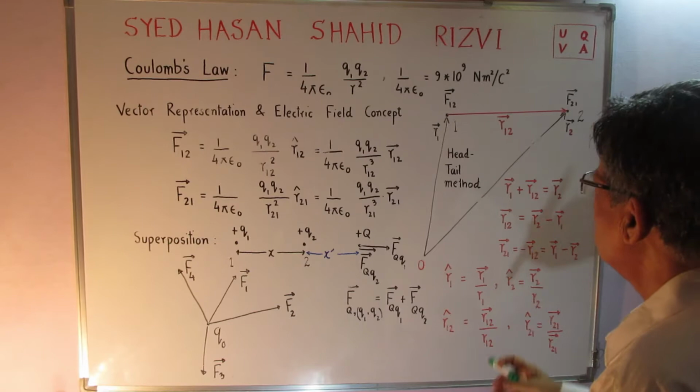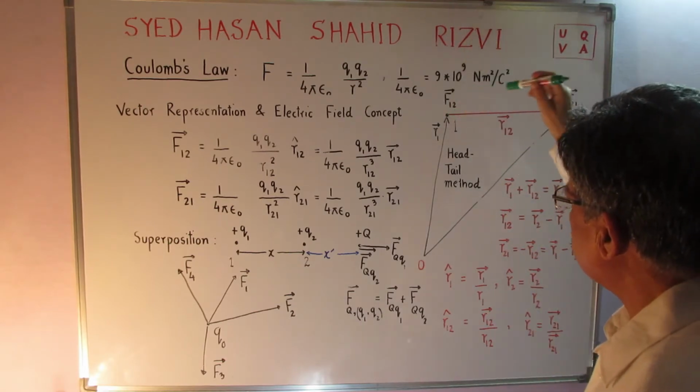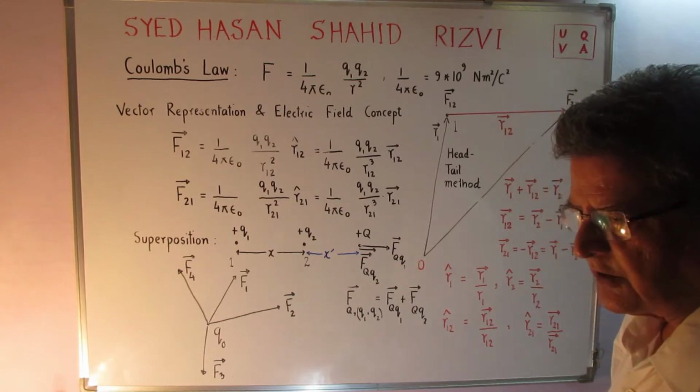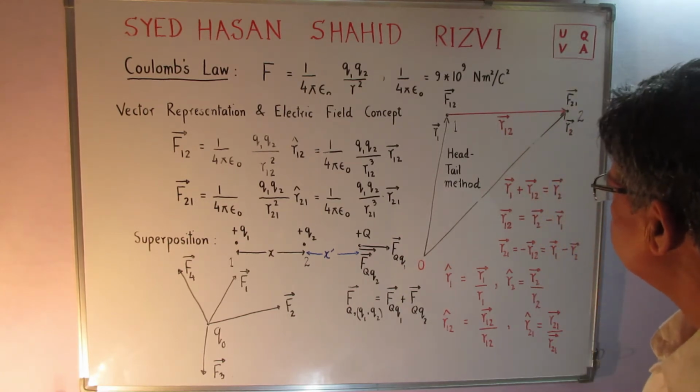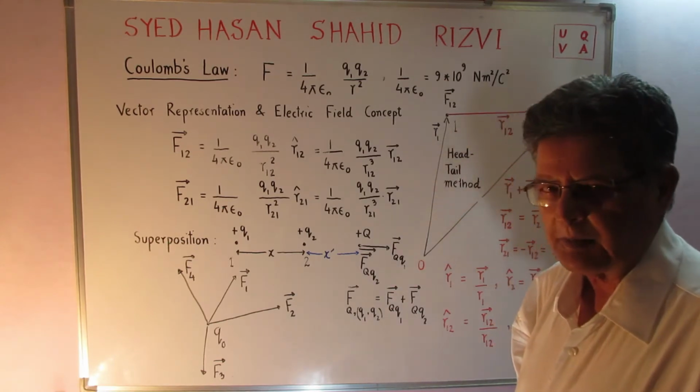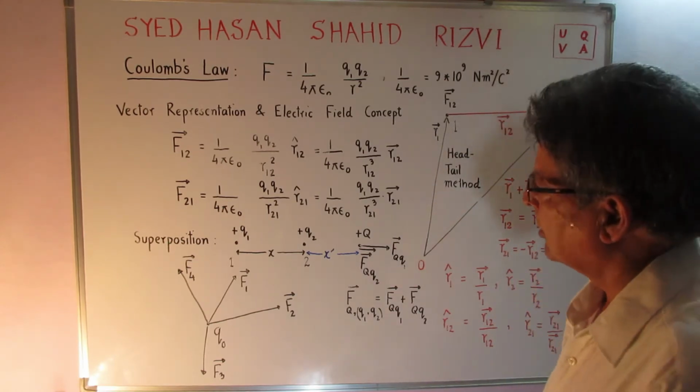I don't care right now whether these charges are both positive, both negative, or one positive and another negative. Whether the force is of attraction or repulsion, it doesn't matter at all.